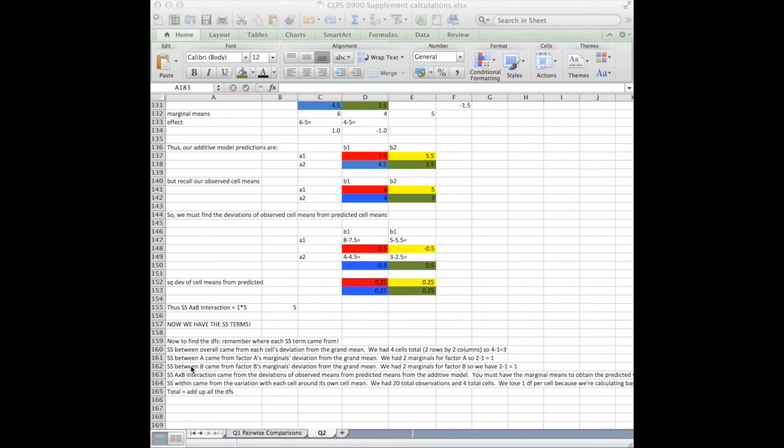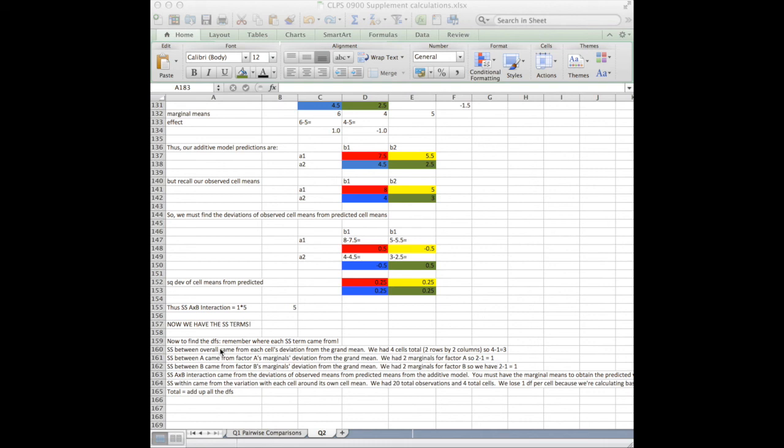Since the sums of squares between A term came from factor A's marginals' deviation from the grand mean, and we had 2 marginals for factor A, 2 minus 1 gives you 1.